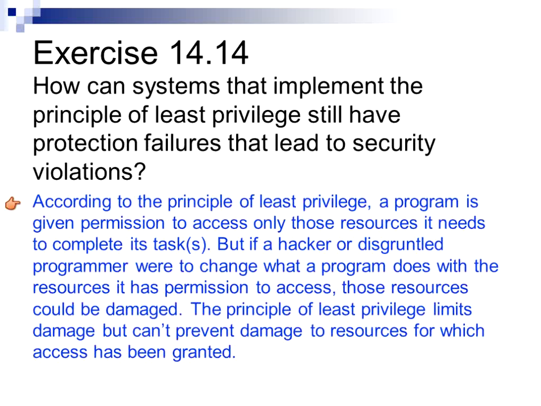So a program still has some access to resources. You try to limit the access, but it still has access. If a hacker or a disgruntled programmer were to change what a program does with the resources it does have permission to access, those resources could be damaged.